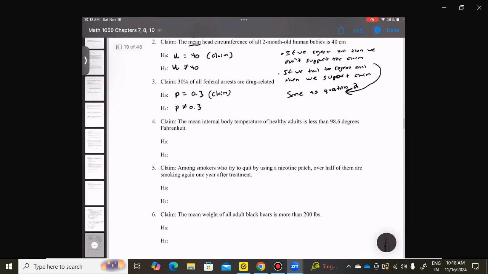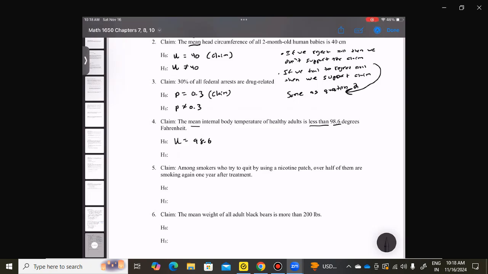For the fourth one, the mean internal body temperature of healthy adults is less than 98.6 degrees. So we see the less than sign, we see the mean, so it's a mean equal to 98.6, that's your number.